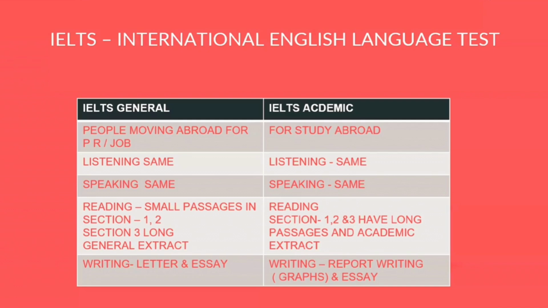talking about another module that is a bit different from the General one, it is the writing part. Guys, in IELTS Academic, the writing has two different sections. The first section, we call it Task One, which is for 20 minutes. We have report writing. It can be a graph, maps, or a process diagram.